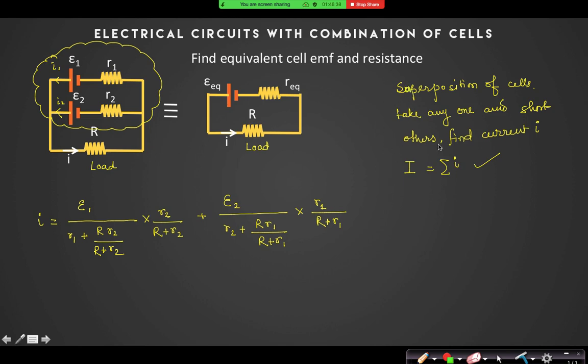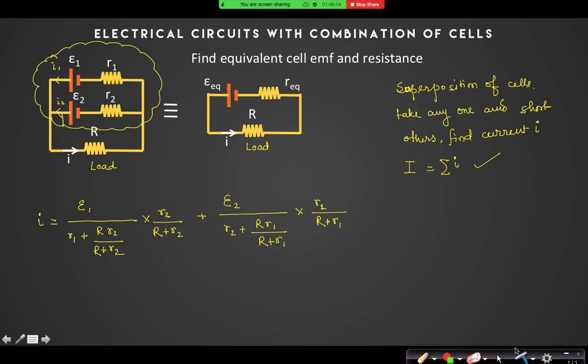Let me explain the superposition principle here. As I have taken, there are two cells E1 and E2. First, what I will do is short the cell E2.